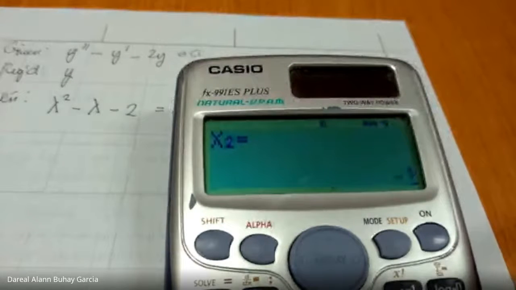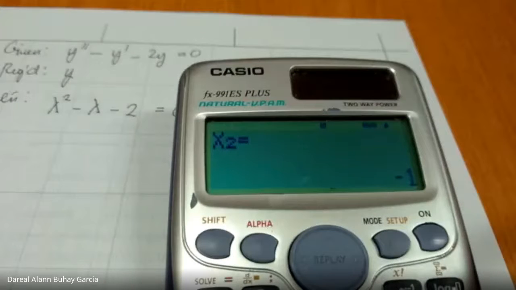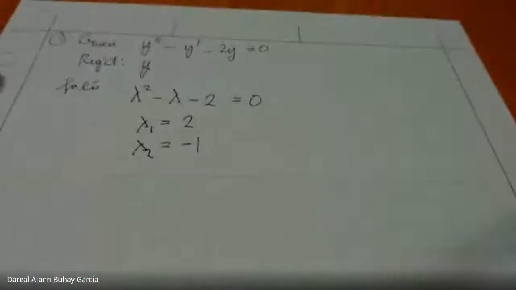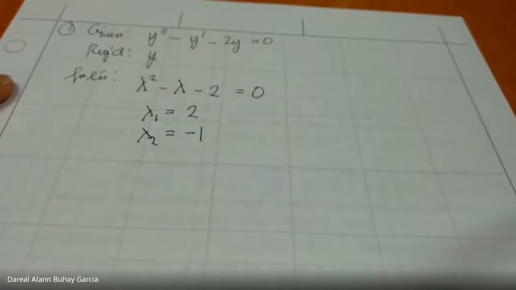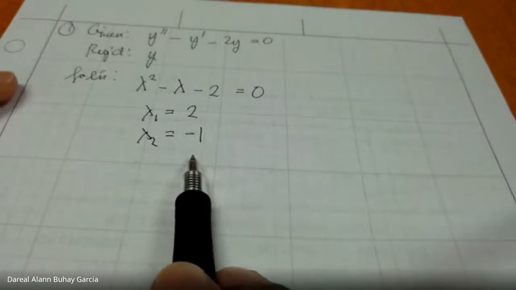The roots are 2 and negative 1. Which case is this: case 1, case 2, or case 3? Case 1. Okay, very good. Case 1, real and distinct.